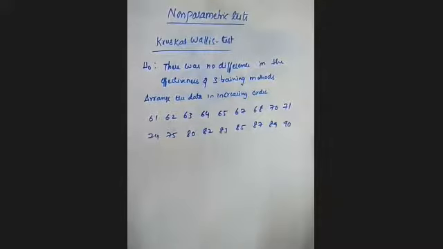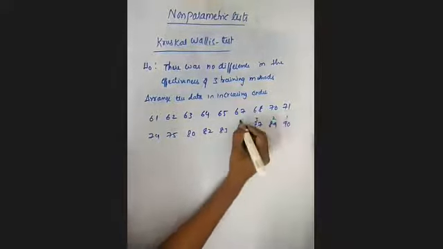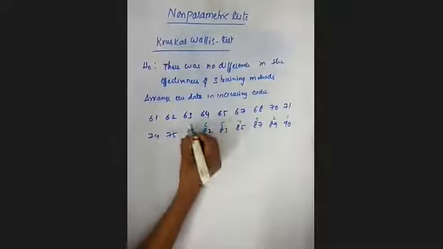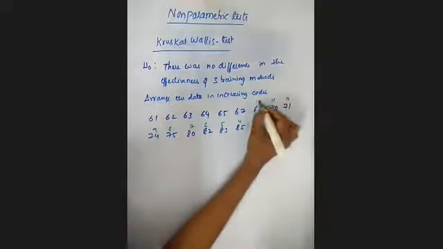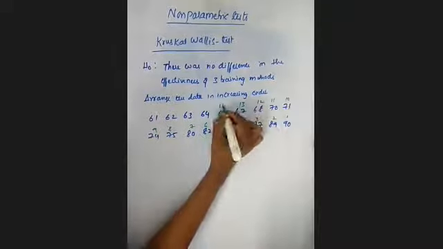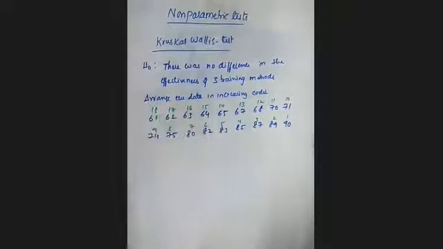This is the data arranged in increasing order, and here we also give the ranks: 1, 2, 3, up to 18. We have given the ranks for the marks of all three training methods.